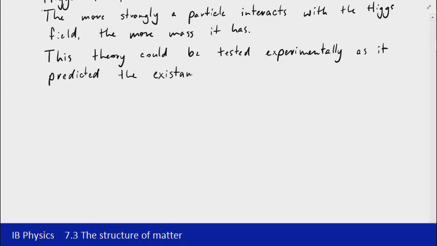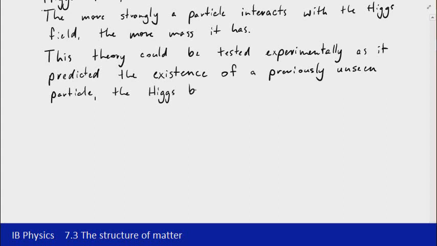It's simply that there is this particle that goes along with the Higgs field, and by being able to test for it experimentally, we could then confirm whether or not this idea of the Higgs field and the Higgs mechanism does actually make sense. So the Higgs boson was the particle that was important in this line of discovery.